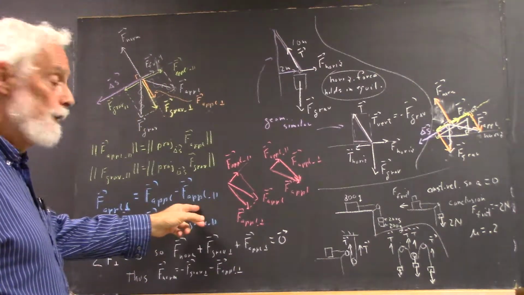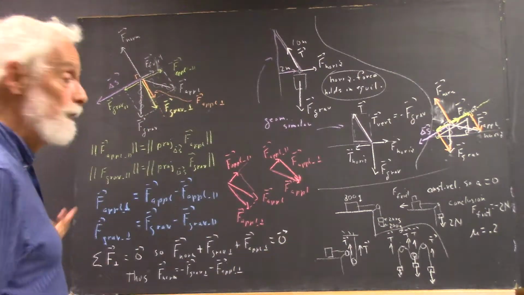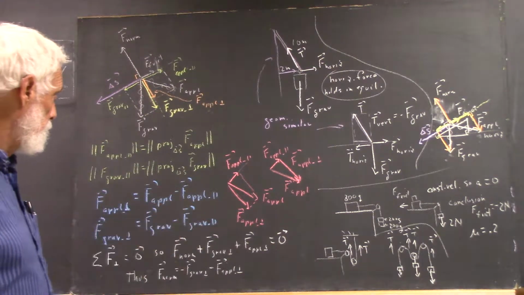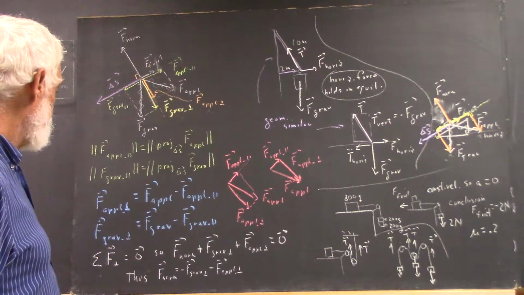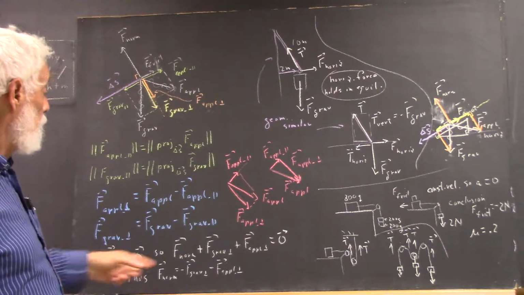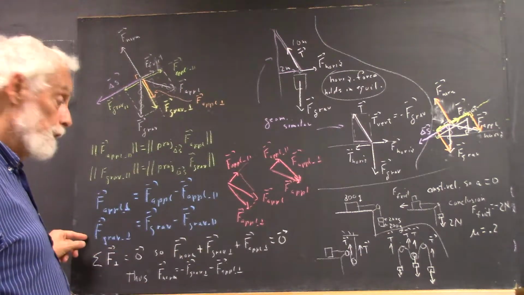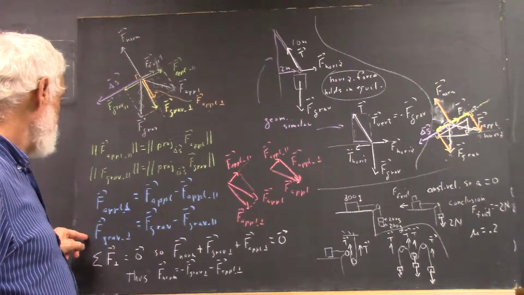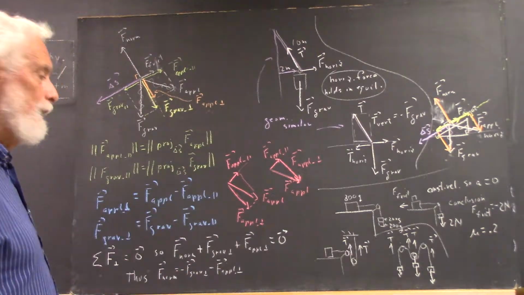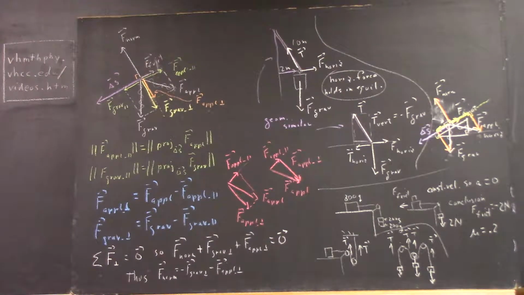So in many ways, you need to understand the graphical methods of adding and subtracting vectors and multiples of vectors so that you understand this very well. Then your perpendicular component of F grav can easily be calculated. If you know the parallel component and the F grav, then you just subtract these two vectors and you get this. Now, adding and subtracting vectors, you can't just add and subtract their magnitudes. You have to add and subtract them as vectors.